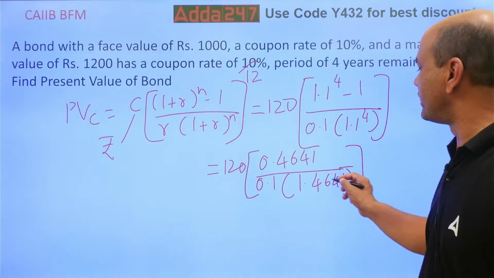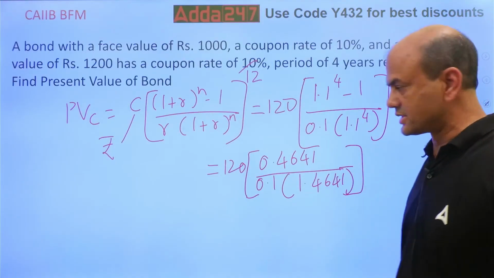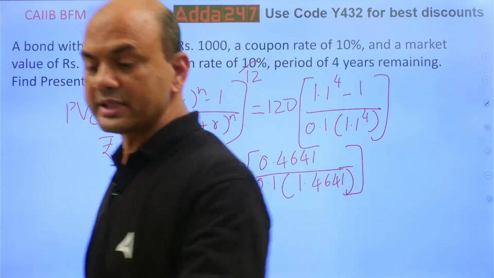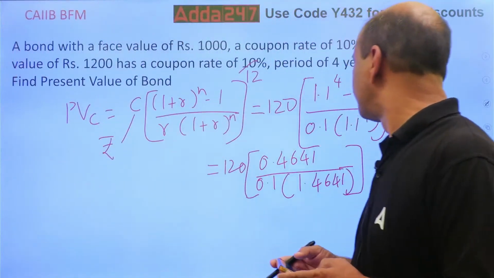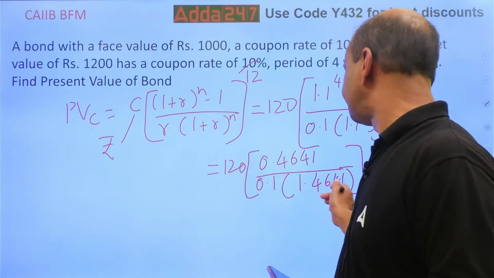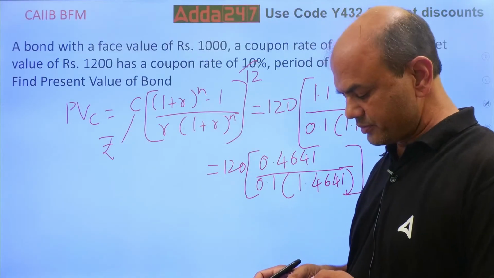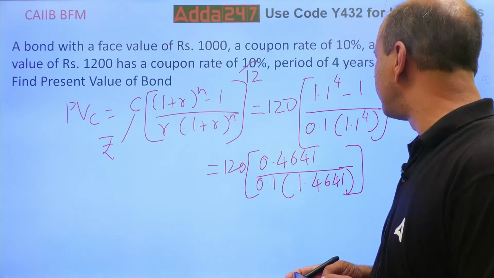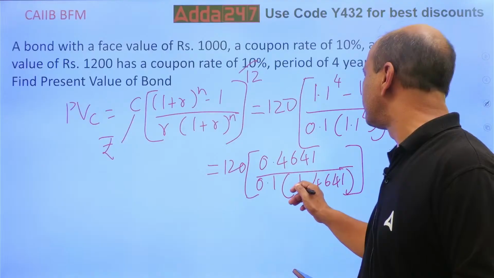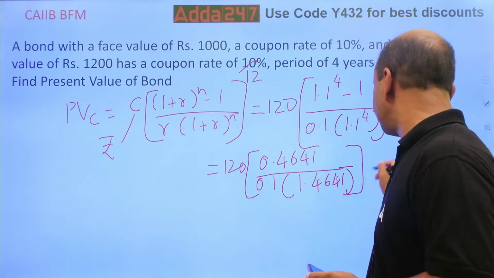Now multiply this 0.1 into this. Solve this, everyone. Now calci is required. Do it on the calci. So first solve this. What is it? 0.1 into 1.4641. So it will be 0.14641, right?